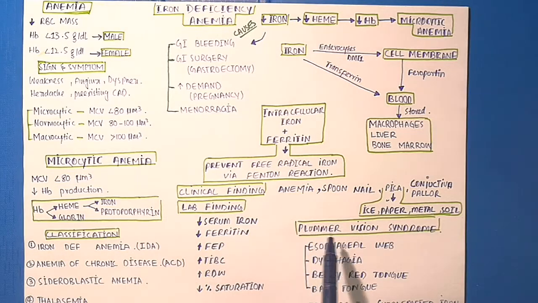And Plummer-Vinson syndrome. Plummer-Vinson syndrome is iron deficiency anemia with an esophageal web, which is a thin mucous membrane across the lumen, which causes dysphagia, and a beefy red tongue and bald tongue.